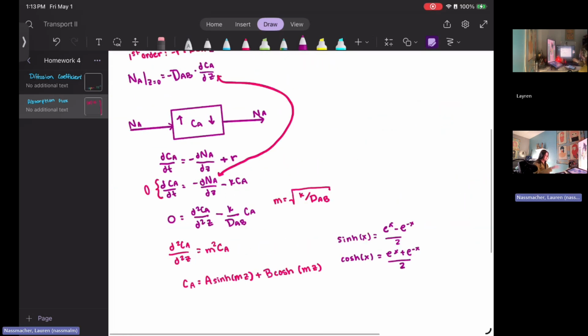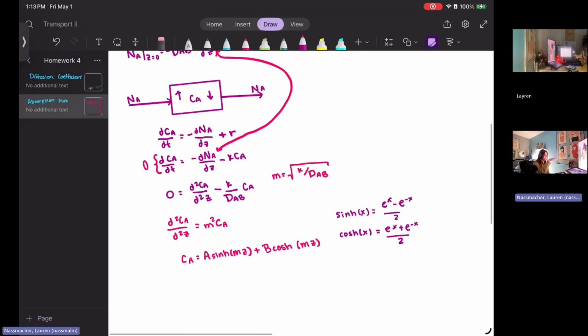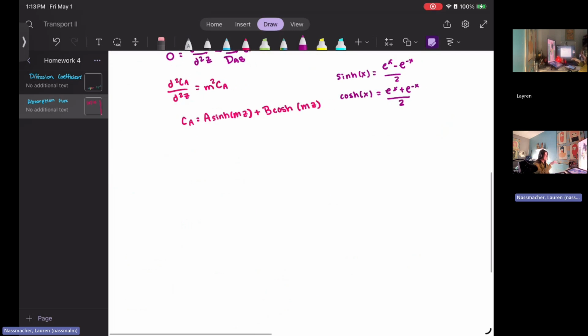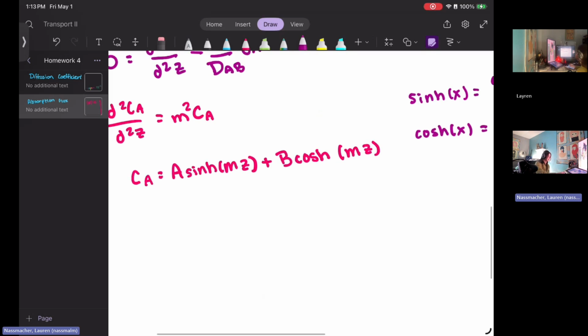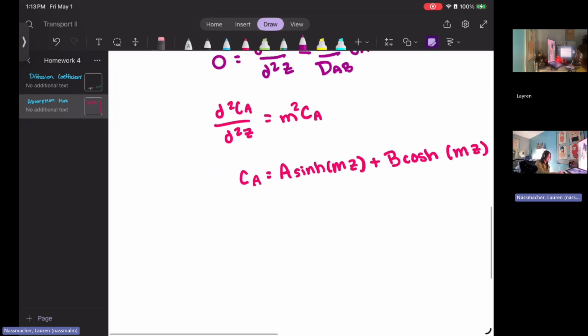Now, to solve our problem and find the constants, we look at the boundary conditions at the interface and at the final thickness. The interface is z equals 0, and the final is z equals the thickness. These are our boundary conditions, and we'll just label that for information.